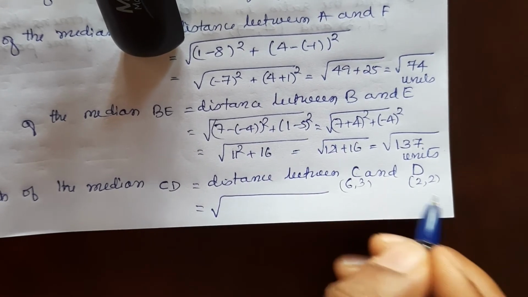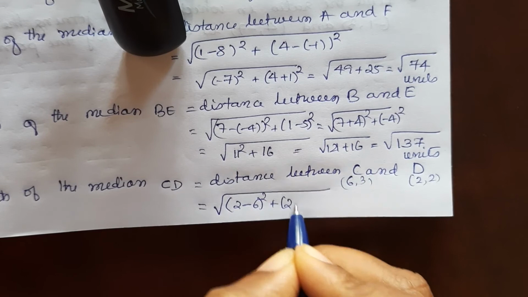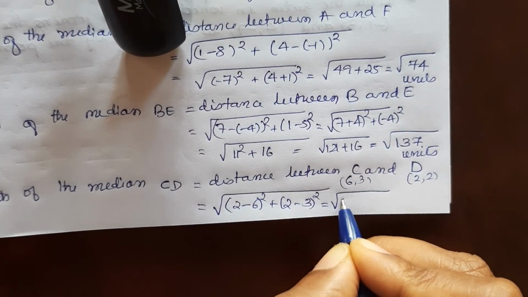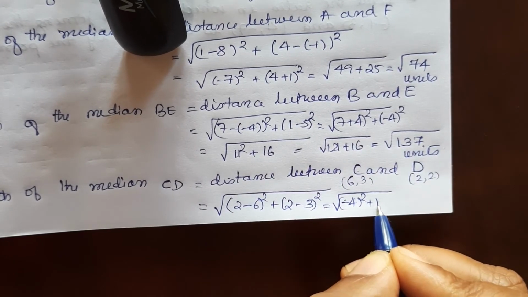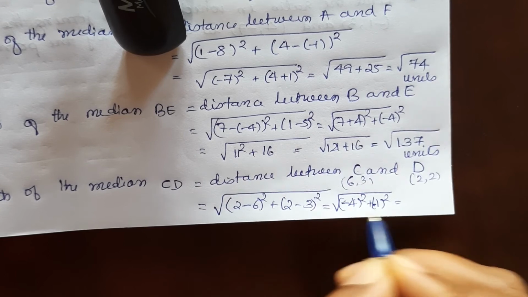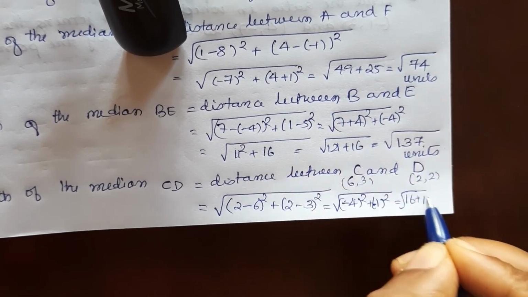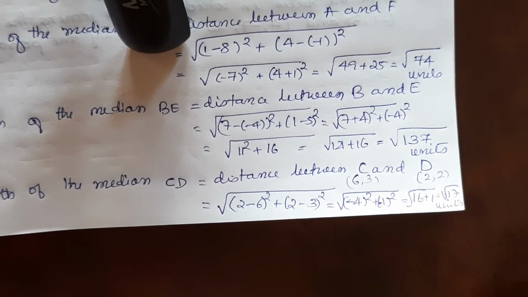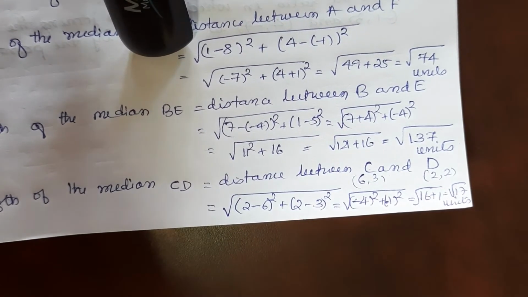So using the distance formula, (x2 minus x1) whole square plus (y2 minus y1) whole square, that is root of (2 minus 6, that is minus 4) whole square plus (2 minus 3, that is minus 1) whole square. So this becomes root of 16 plus 1, that is root 17 units. Therefore, this is the length of all the three medians.